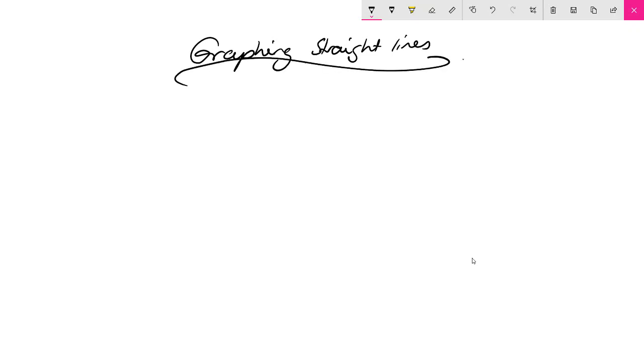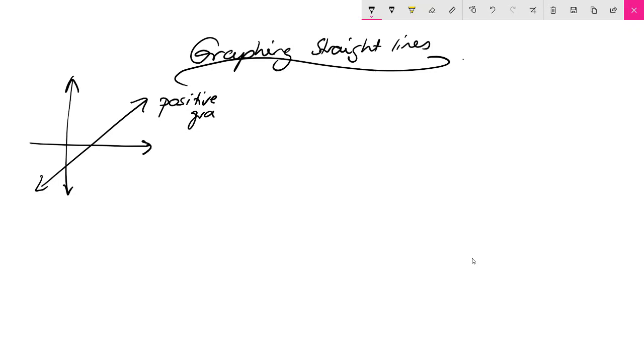Okay, the big thing to remember when we're graphing straight lines is we have our two axes, our x and y axis. If a line is going in an upwards direction from left to right, we say that is a positive gradient.